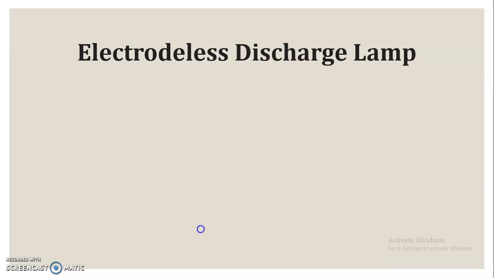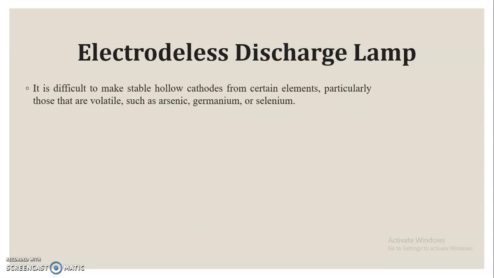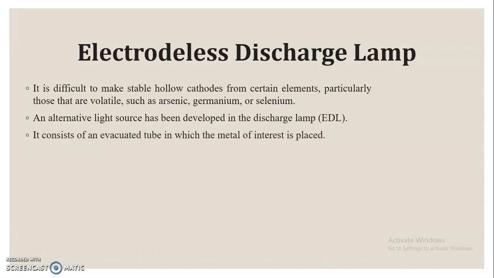In that case, this electrode-less discharge lamp is useful. It is very difficult to make stable hollow cathodes from certain elements, particularly those that are volatile, such as arsenic, germanium or selenium. An alternative light source had to be developed, the discharge lamp, which is known as the electrode-less discharge lamp. It consists of an evacuated tube in which the metal of interest is placed.